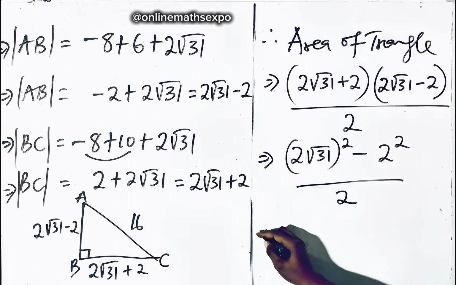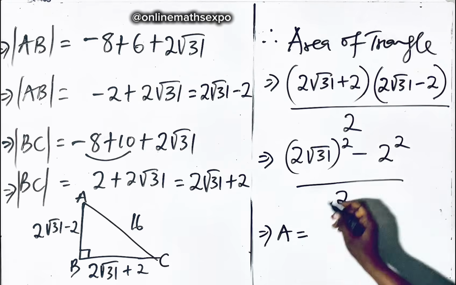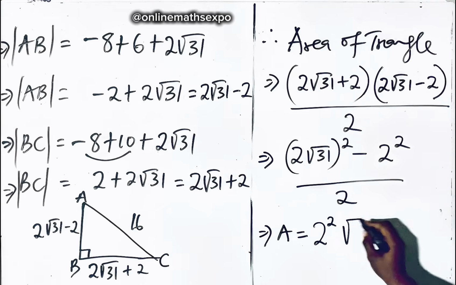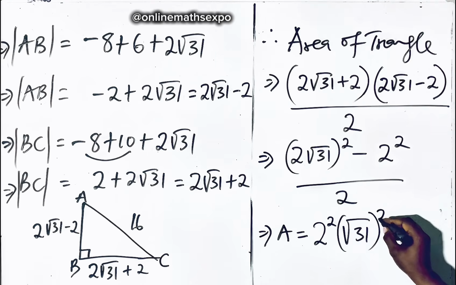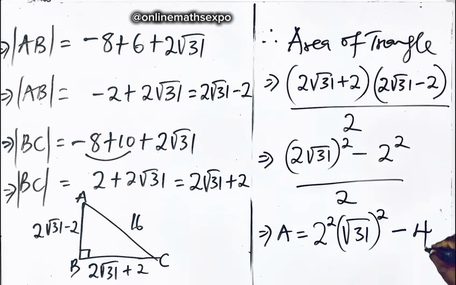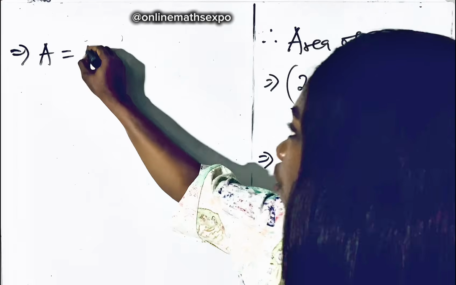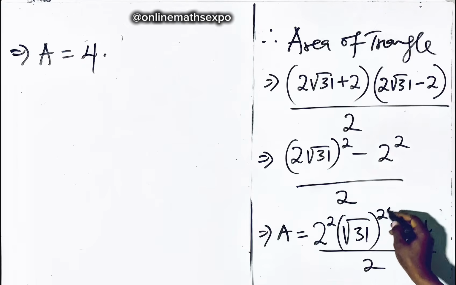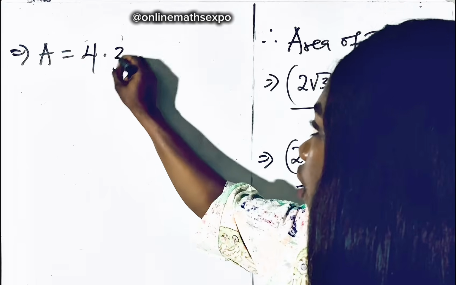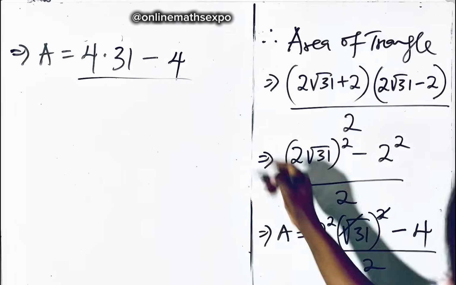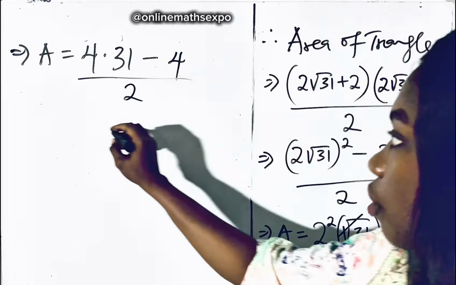It means that the area is equal to, for this it means that 2 will be squared and root 31 will also be squared, minus 2 squared is 4, divided by 2. Keep solving. Area is equal to 2 squared is 4 multiplied by this square, we cancel the square root, we have 31. Then minus 4 is divided by 2. Let's simplify.